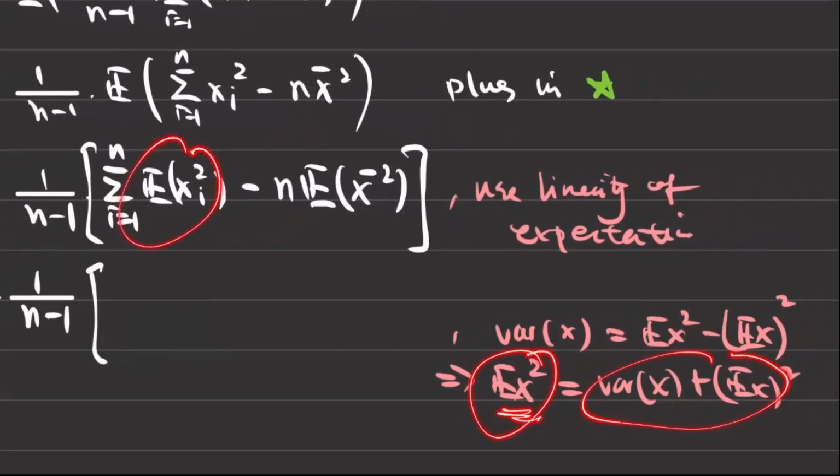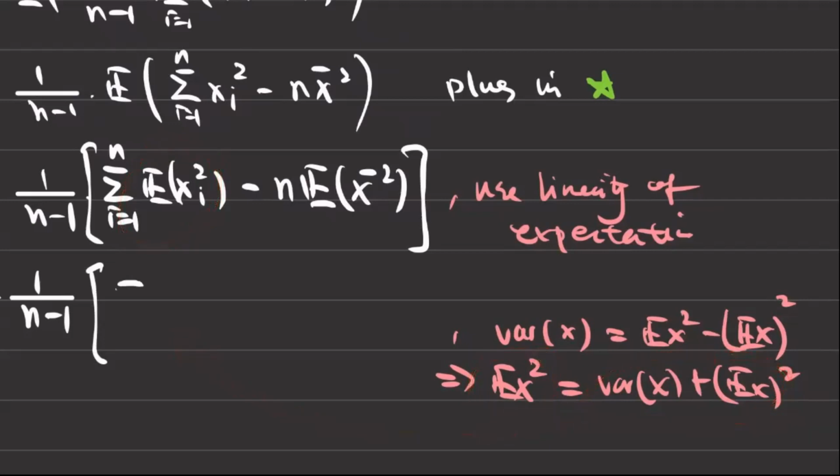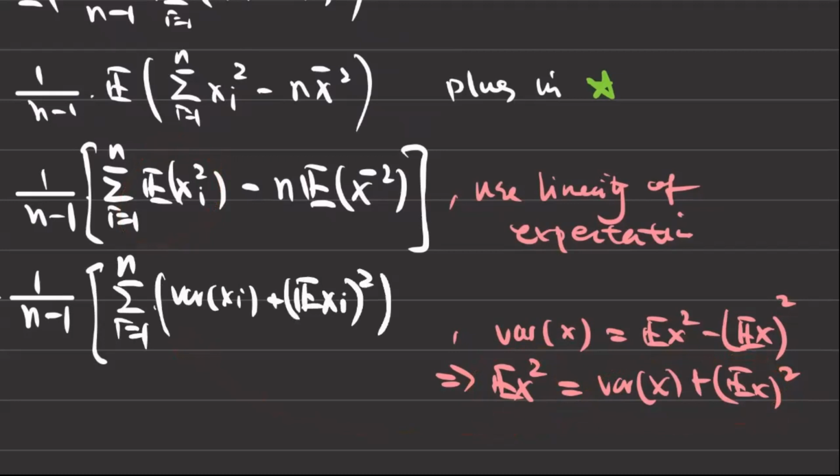So that makes our life easier. We just copy that in here as a first term. Summation i from 1 to n, and then here is a lot of copying, right? Parentheses, variance of x_i plus expectation of x_i, in parentheses, squared.